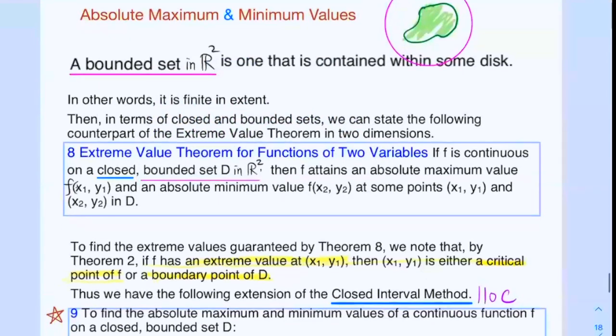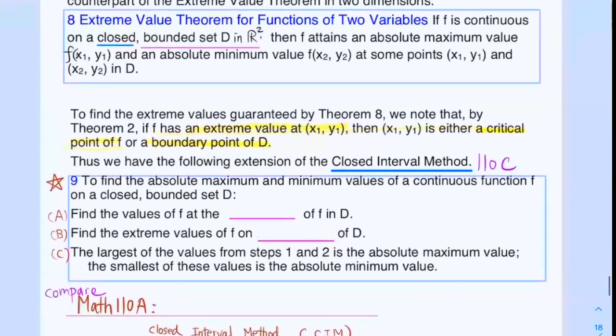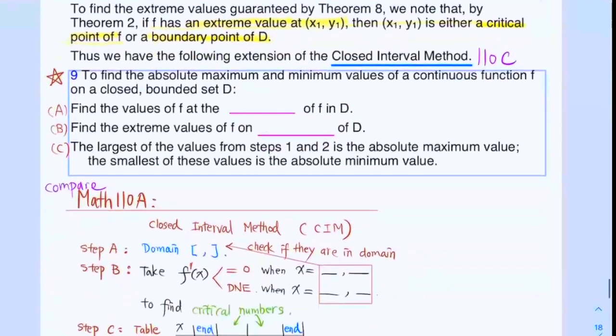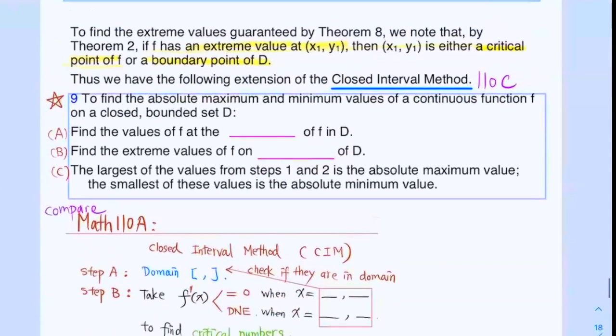All right. Now, how do we find that? Finding this is kind of similar to the closed interval method, okay? So we just went over the closed interval method. Here is the step. So you find the value of the function at what points of the function in D?